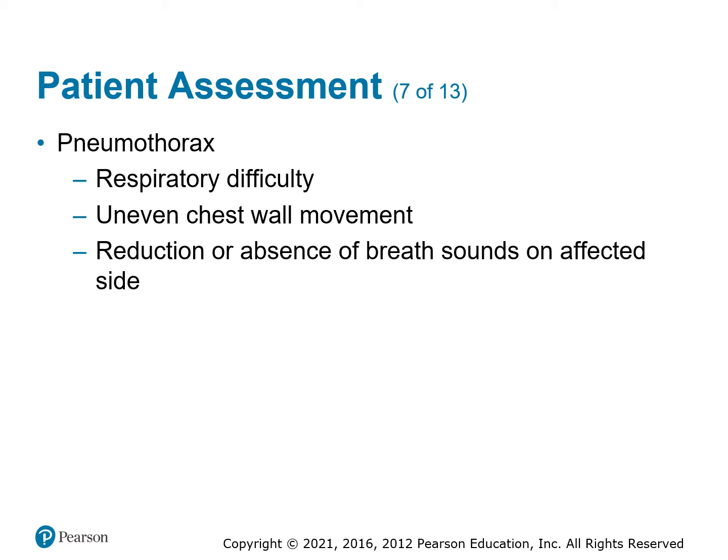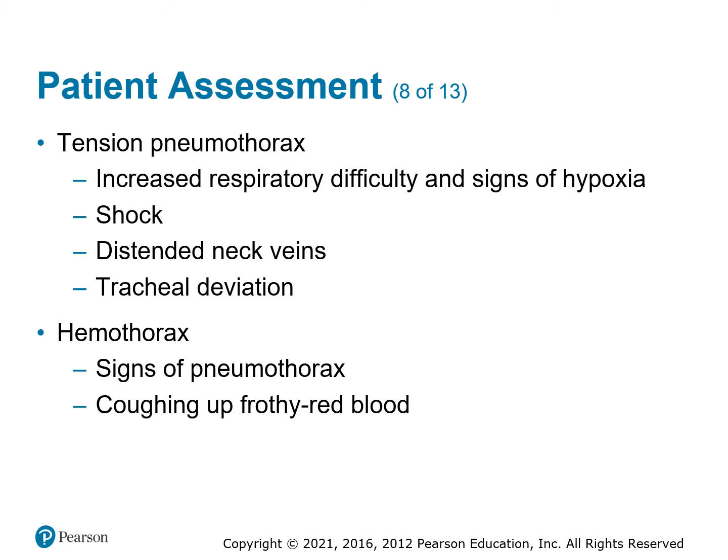So with patient assessment, things we want to look for: pneumothorax, we're looking for those breathing problems. You're looking for uneven chest wall movement, a reduction or absence of breath sounds on the affected side. Those are going to be the key indicators. If that progresses into a tension pneumothorax, you're going to see increased respiratory difficulty and signs of hypoxia.